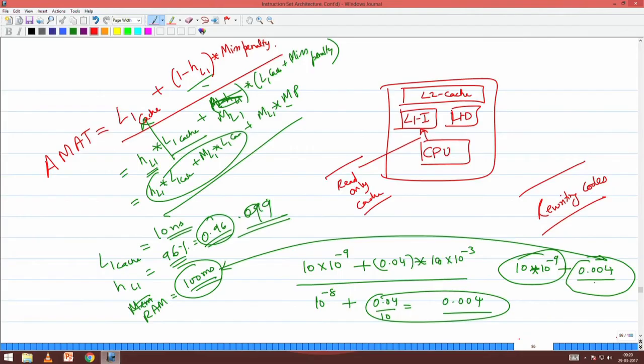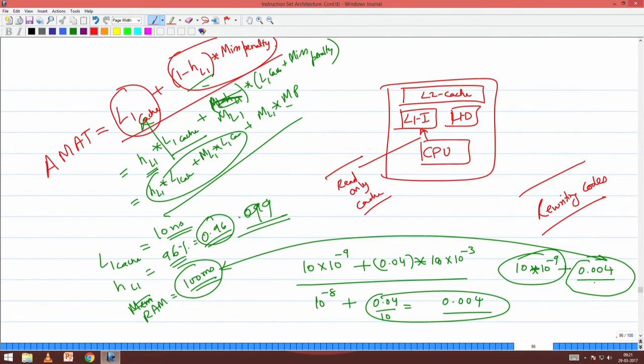Of the two components in the recurrence equation, one talks about the L1 cache hit and the other talks about a miss in the L1 cache. Between these two, memory will still have a much higher priority.